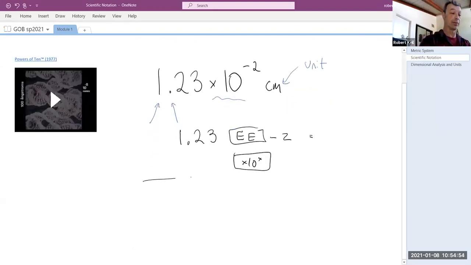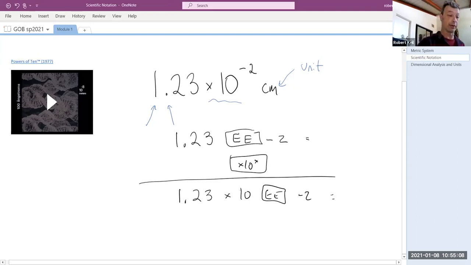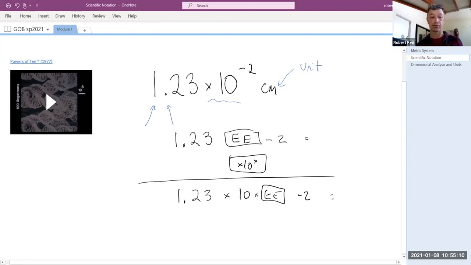What you don't want to do is enter the buttons set up like this. They'd say 1.23 times 10, and then maybe times e to the negative 2. I've actually had people not realize they're doing it wrong because they're dividing one by the other, and they do it consistently so that the 10 cancels out.